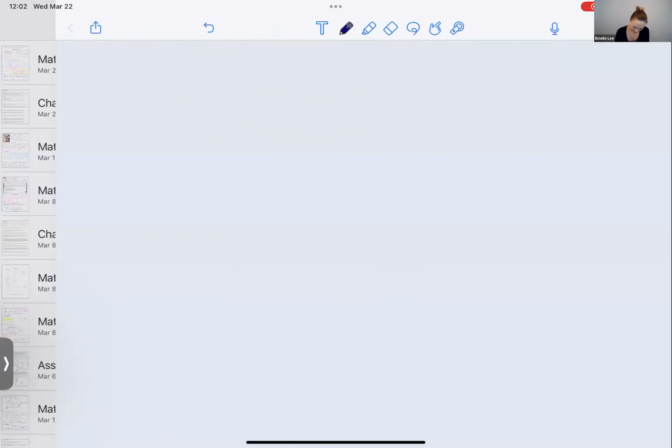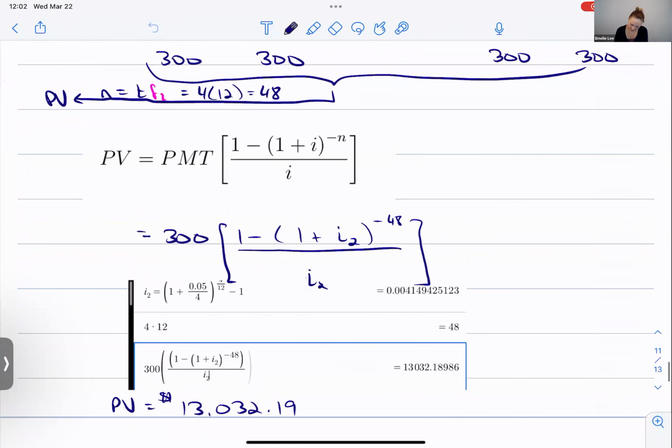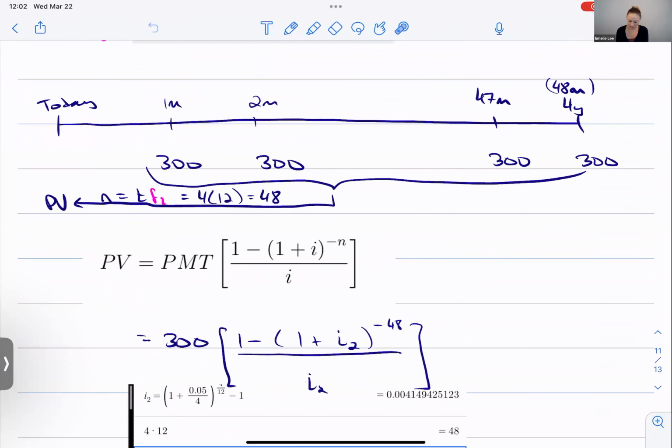So from last day, we introduced a lot of new formulas, and we use them to solve more complicated problems. We were solving annuities. Annuities are whenever we have regularly occurring payments, and we know how to find unknown payment amounts.